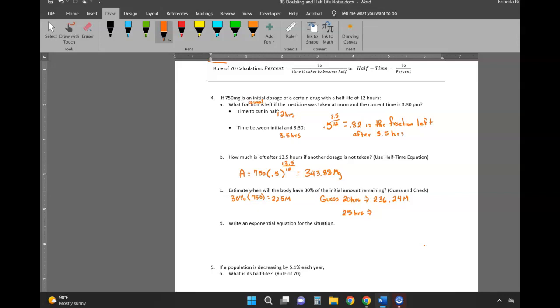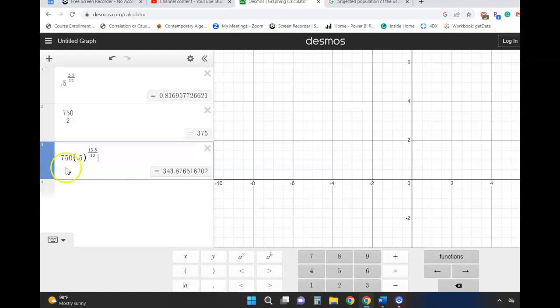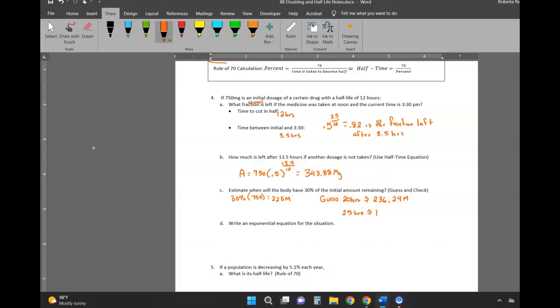All we're doing is changing our 13.5 to 25, and we end up with 176.98 milligrams. That's too far, so I've got to come back between 20 and 25. Let's try 22 hours, which gives 210.46.